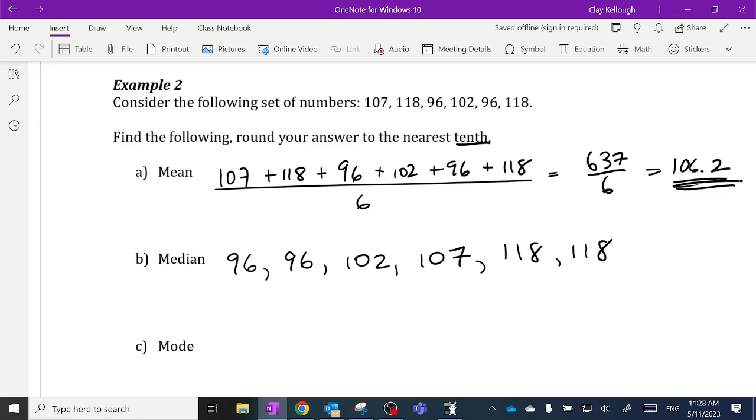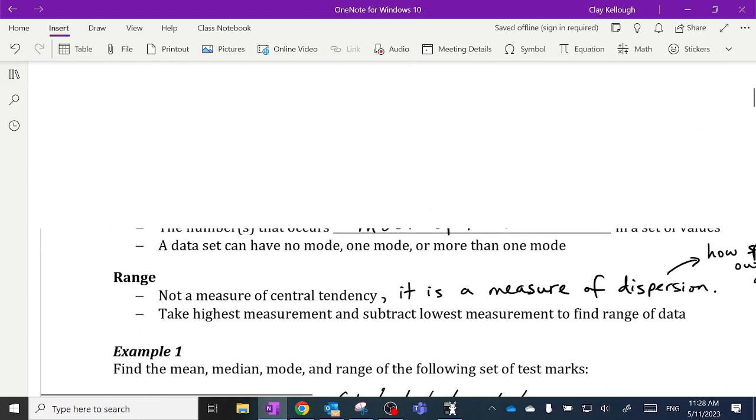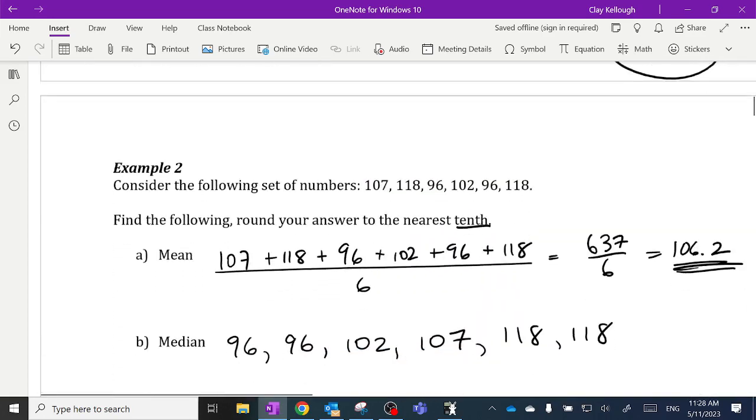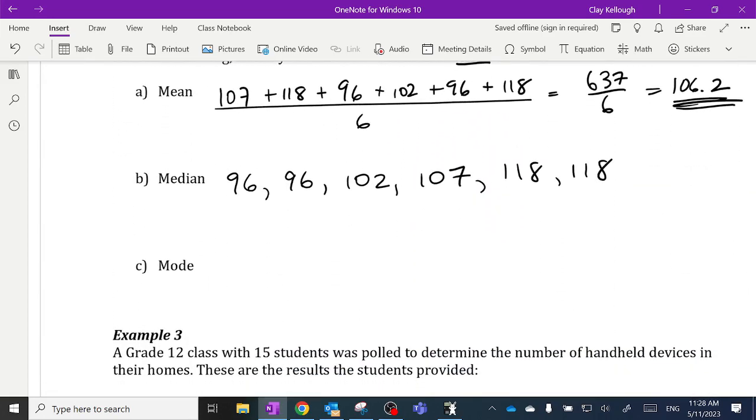Okay? All right, median. Okay, I put them in order, but aha, go back to the first page on the notes. We have a situation where there's an even number of values, right? There's 6 numbers here. What's the middle of 6 numbers? Well, it's whatever's halfway between the third and fourth number.